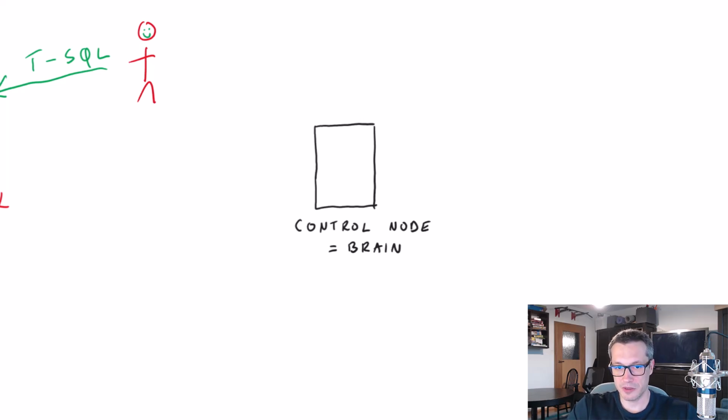And me as the end user, I interact only with this control node. So my query is sent to it. I don't even know how it is then split later on, and you will see in a second that it has some additional components. So basically, I send my T-SQL query, like a select statement.